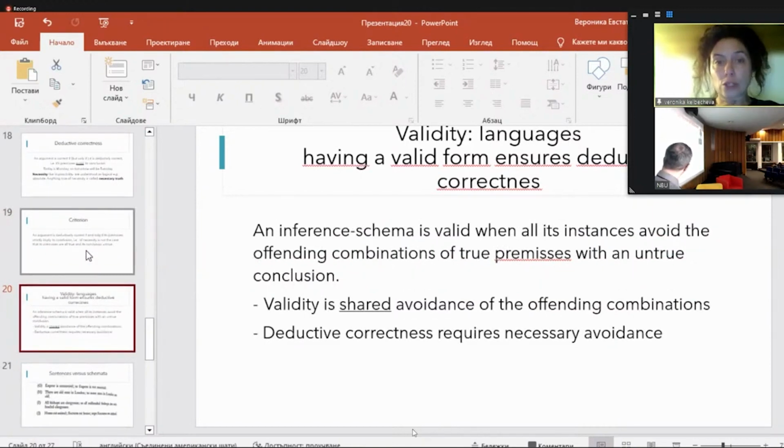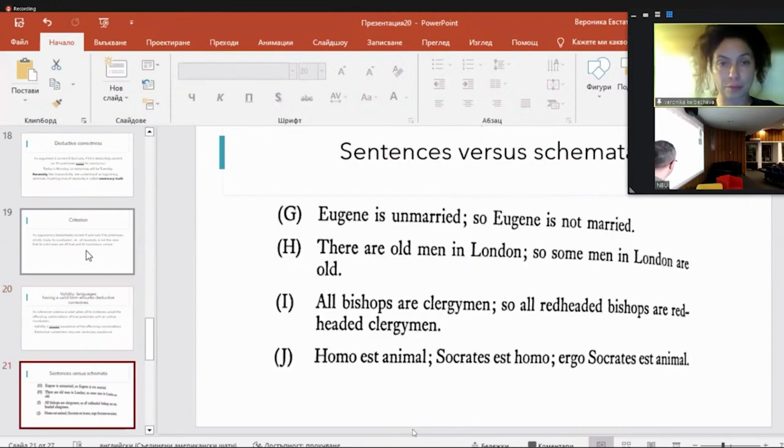The validity of languages: having a valid form ensures deductive correctness. An inference schema is valid when all its instances avoid the offending combinations of true premises with an untrue conclusion. Validity is shared avoidance, another expression he introduces, shared avoidance of the offending combinations. Deductive correctness requires necessary avoidance. This necessary avoidance, we might add.